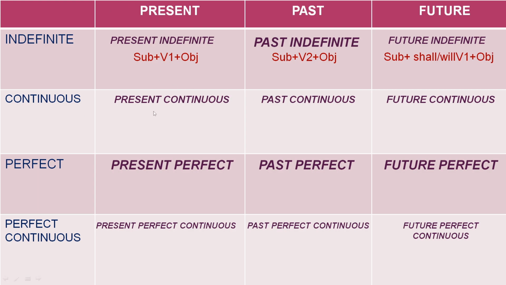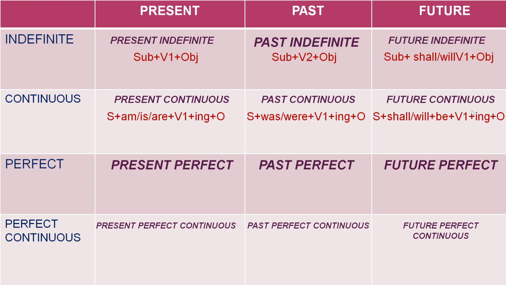In present continuous tense, the sentence structure will be subject plus am or is or are plus V1 plus ing, then object. In past continuous, the sentence structure will be subject plus was or were, then V1 plus ing plus object. In future continuous tense, the sentence structure will be subject plus shall or will plus be, that means shall be or will be, then V1 plus ing plus object.